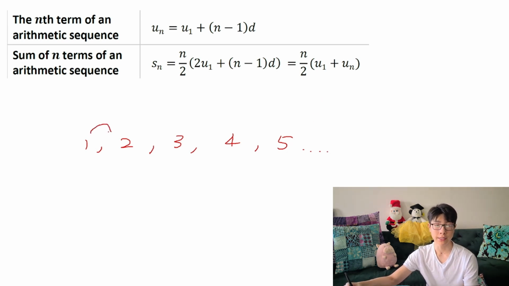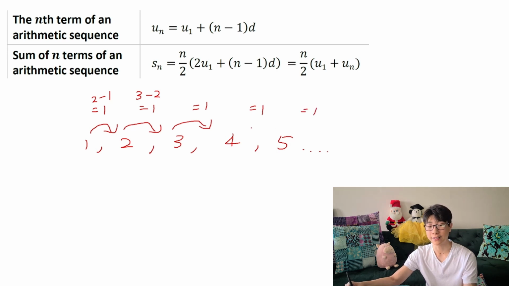And a common difference means between the first and second term, second and third term, third and fourth term, there is the same difference. What I mean by that is if we take the second term and minus the first term, we'll get 1. If we take the third term and minus the second term, we'll also get 1. And if you keep doing it, you'll find that the difference between each adjacent set of numbers is 1. Hence the term common difference.